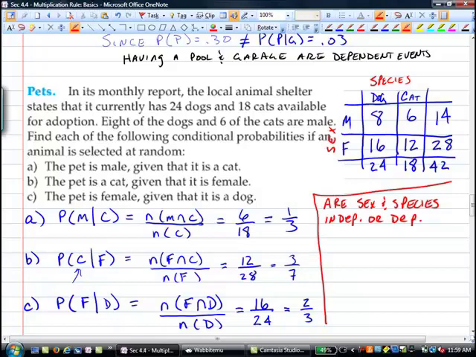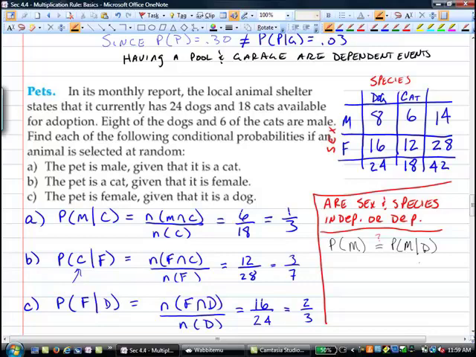There's really one surefire way to check, and that is check and see, is the probability of randomly selecting a male going to be equal to the probability of selecting a male given that I have a particular species. What's your favorite species? Dog. Okay, good. We have dog people here.